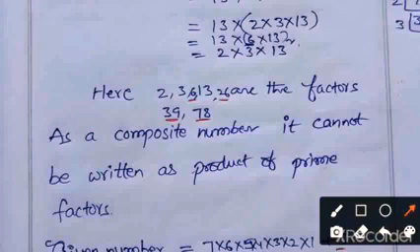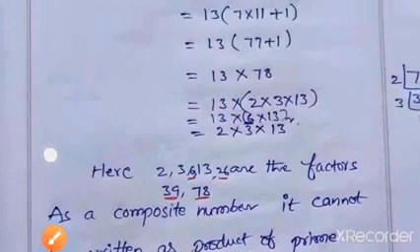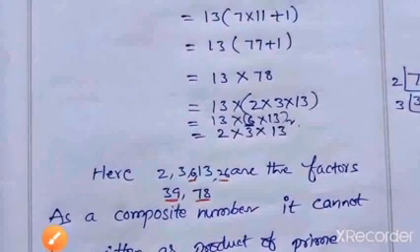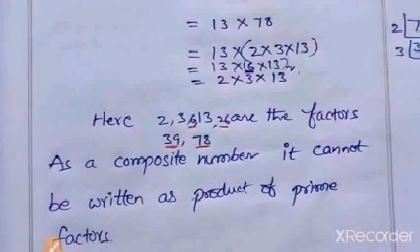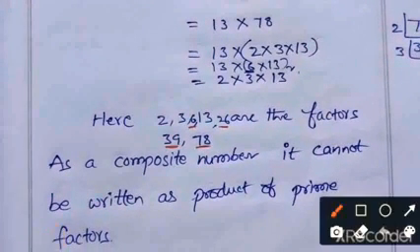Here the number 13 into 78. Just look at it once. 13 into 78: here 13 is one factor of this number and 78 is another factor.